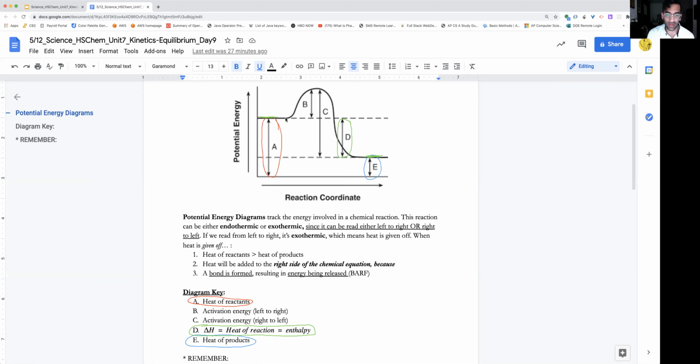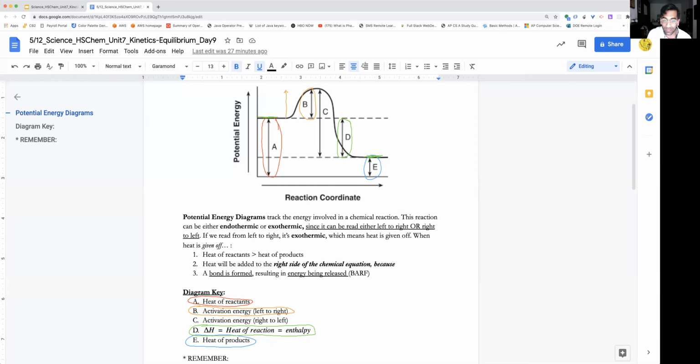So we know that this is that difference in energy that's represented by B, which is my activation energy, meaning how much energy does it take to activate this chemical reaction from left to right, or the exothermic reaction, which means that energy is being released. Okay.